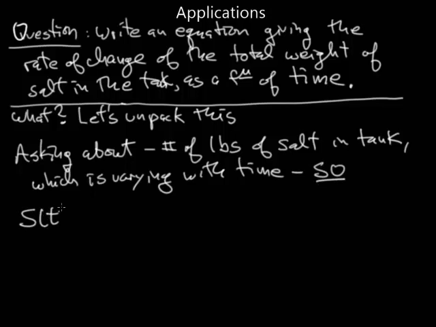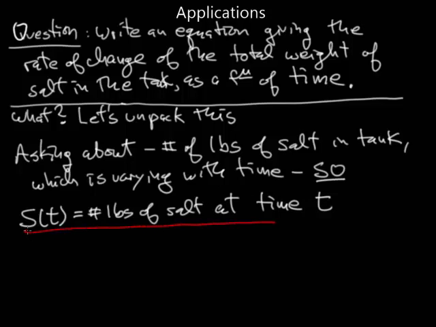And let's define S of t to be the total number of pounds of salt in the tank at time t. So at time 0 it's 100, and then it's increasing. And we want an equation for dS/dt. That's what the question is: please give me a formula for dS/dt. Well, what's causing it to change?